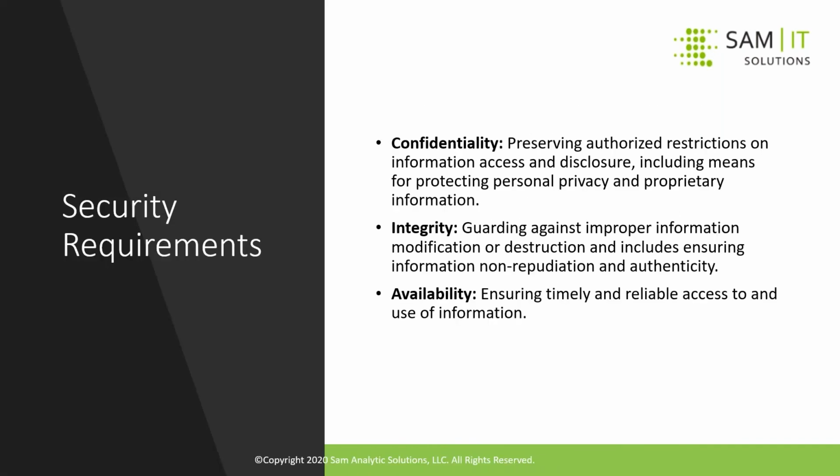In the next slide, we are talking about three important things that you need to keep in mind as regards cybersecurity. And these three words are part of the repertoire of any cybersecurity professional. They are called confidentiality, integrity, and availability.